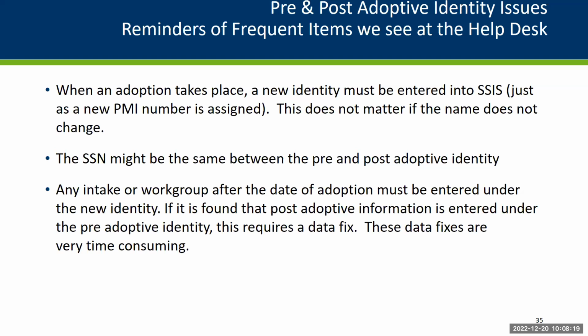This is a very time-consuming and difficult data fix, not only for the help desk, as we write up all the data fix information, and there's some stuff that we have to do behind the scenes for our data fix people, but also there's one person who does these technical data fixes. So this can be very time-consuming if we have a pre-post adoptive data fix issue. Next slide.